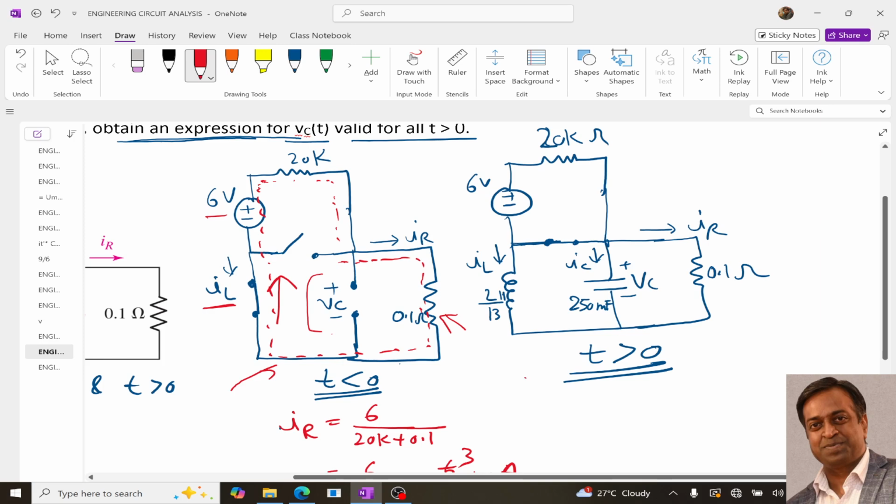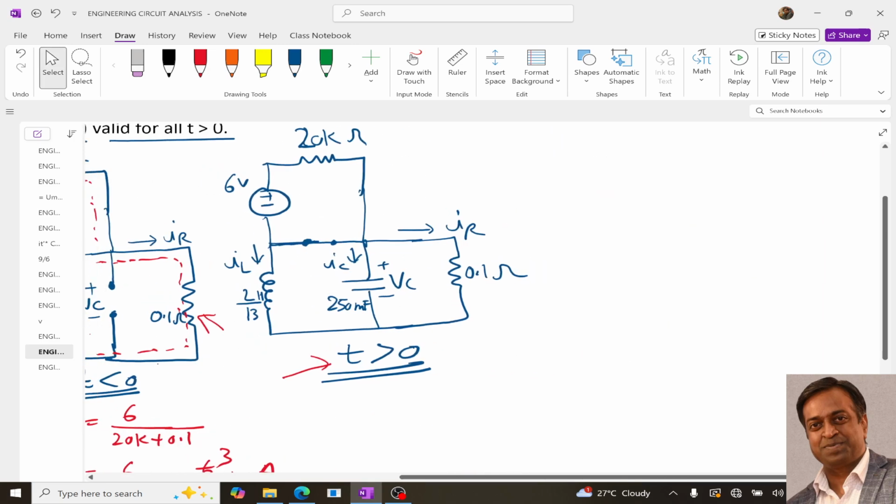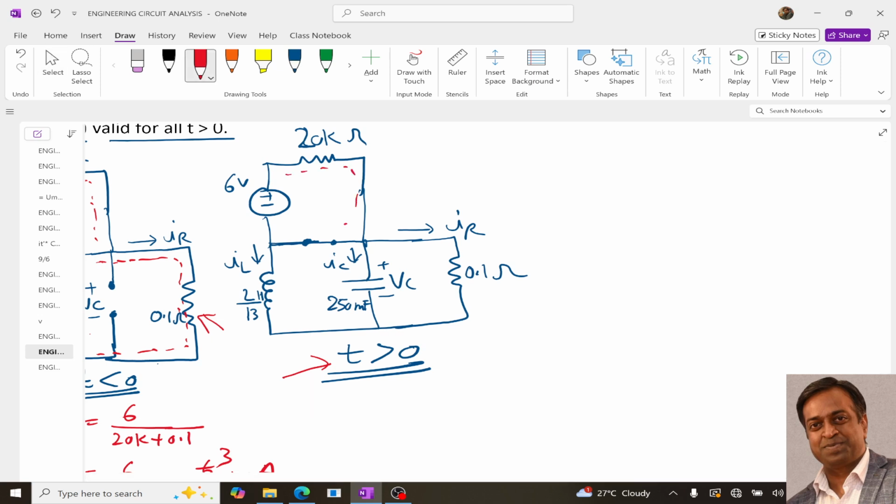Now coming to the circuit for t greater than 0. If you look at this part, it is short circuited over here. If this current is I1, then I1 will flow over here, and the complete current will flow through this loop and return over here.